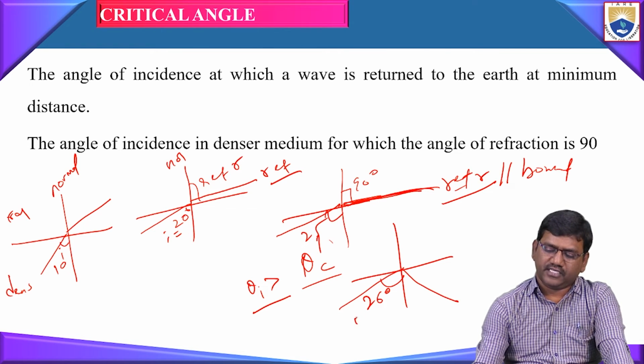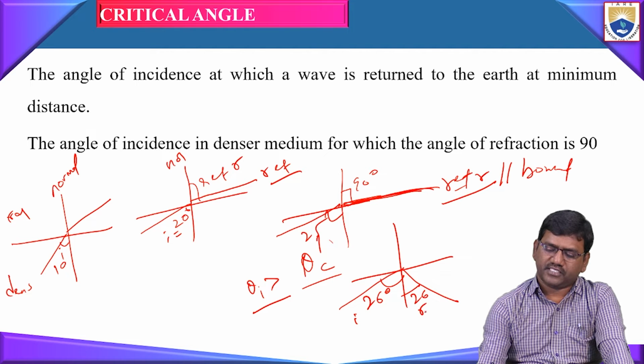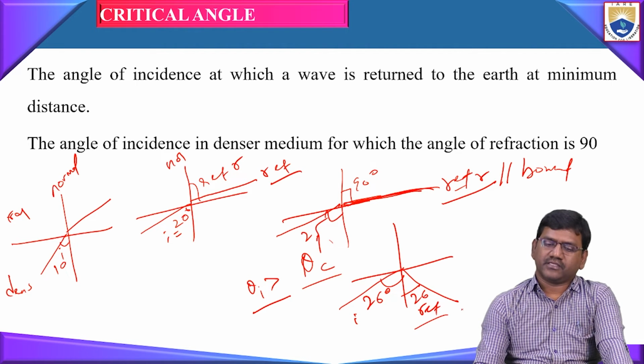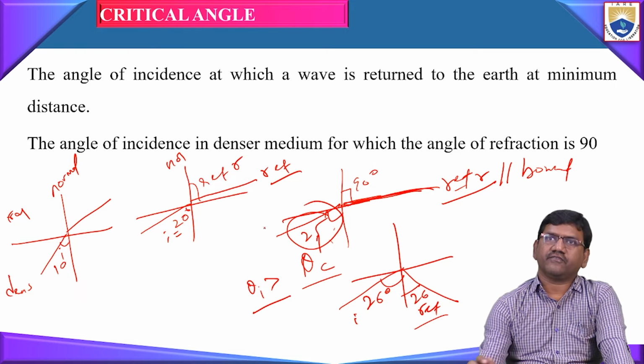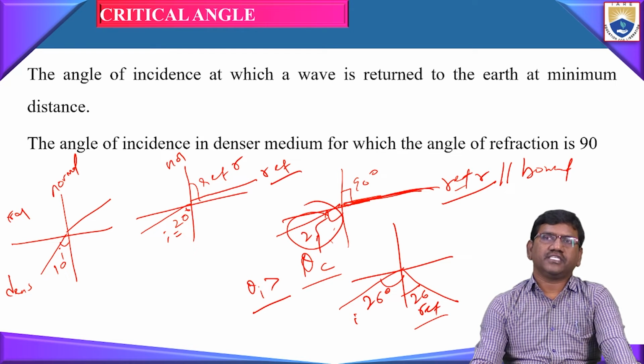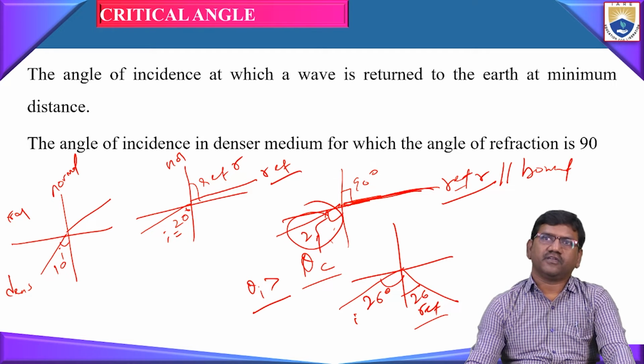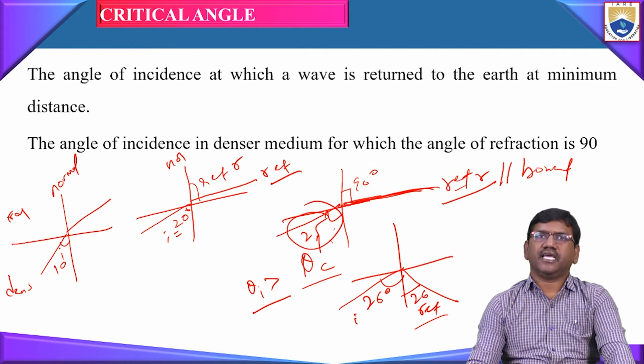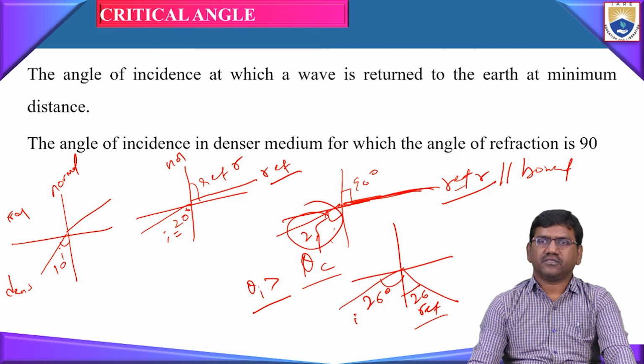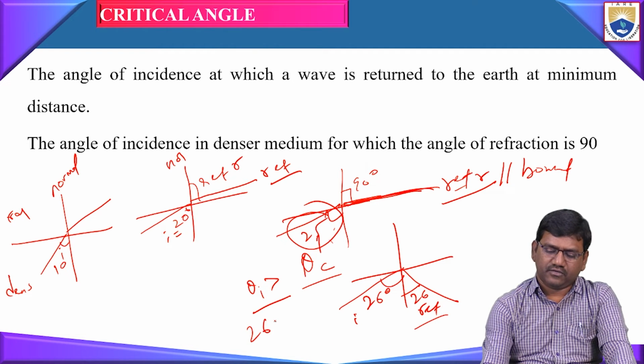So the angle of incidence will be equal to the angle of reflection here. We know that 25 is the critical angle. So for reflection to occur, we need to transmit a signal with an incident angle more than the critical angle. So 26 is greater than 25, hence reflection takes place.